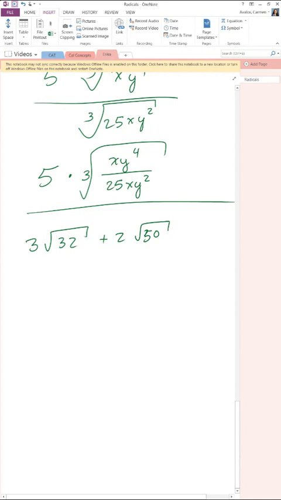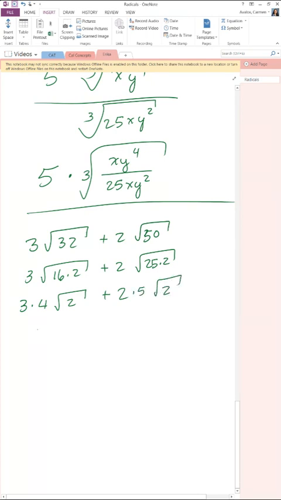So what you do here is, I guess, 3 would be 16 times 2, that's 32, and then this here is 25 times 2, and so I end up with 3 times 4 square root of 2, and then 2 times 5 square root of 2, and so that ends up being 12 square root of 2 plus 10 square root of 2.